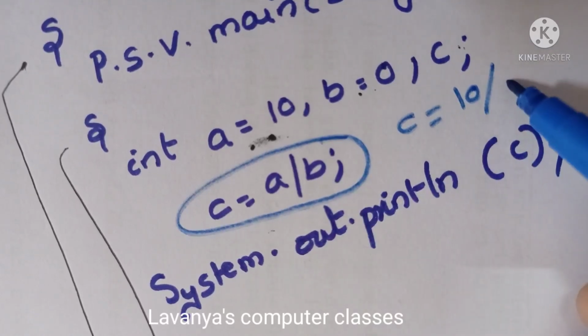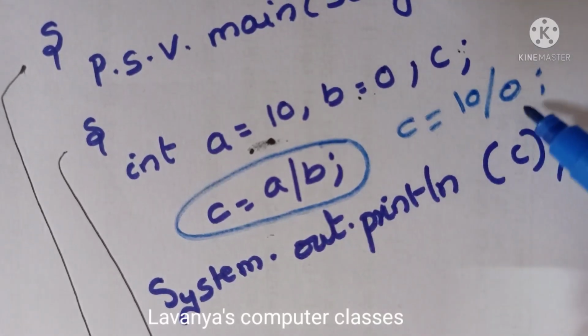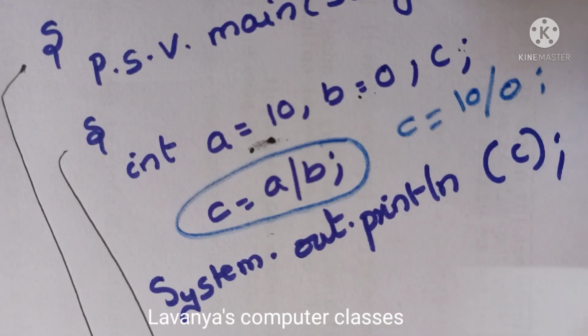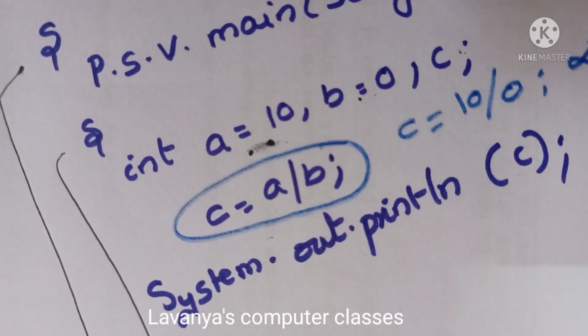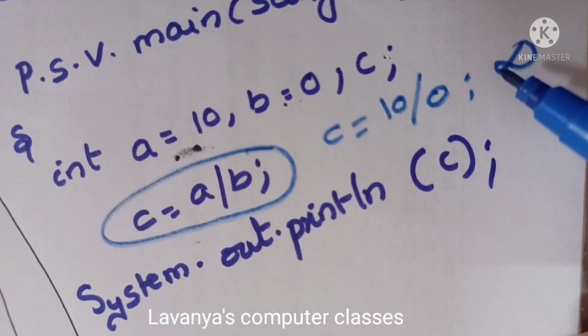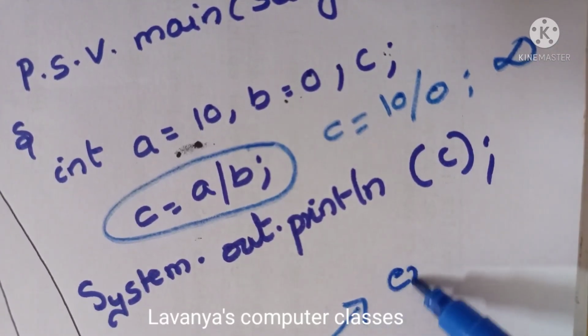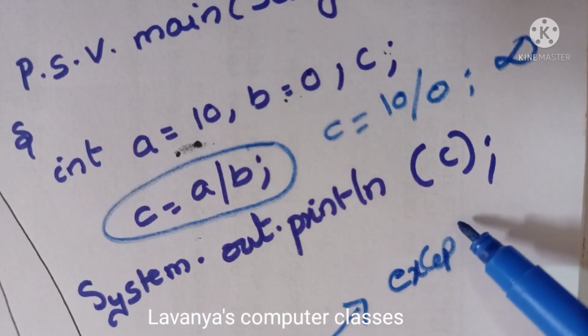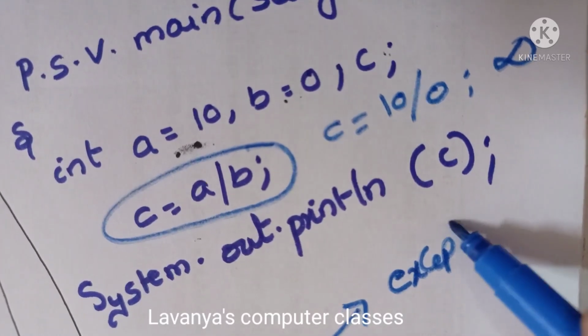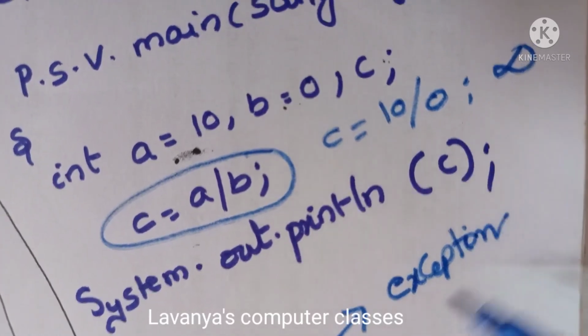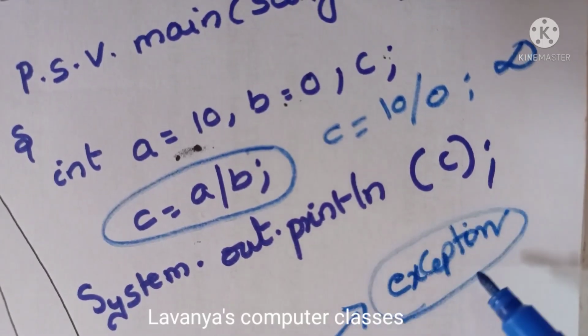What is the value of B? 0. Any number divided by 0 goes to infinity, so that's why you are facing the problem. Then unexpectedly the program does not run. So any unwanted, unexpected error is called an exception.